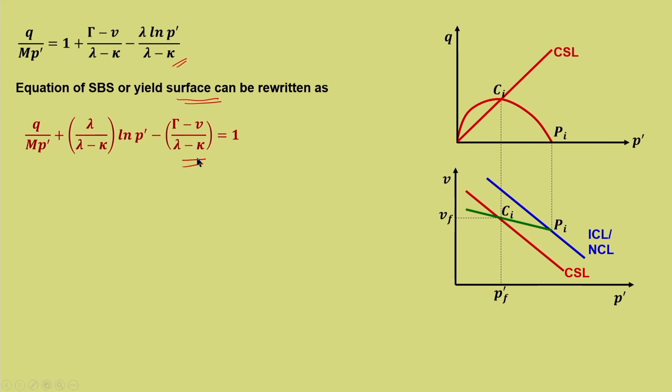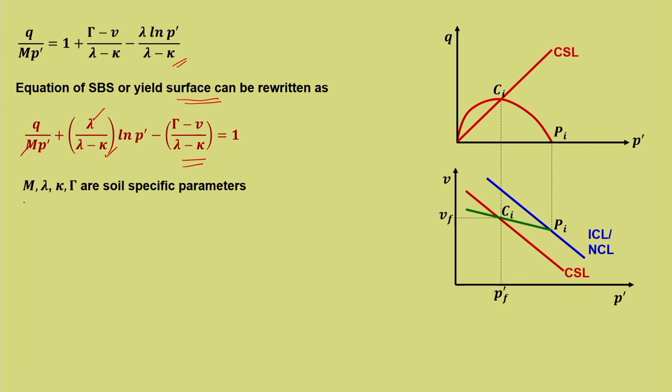So this is the equation for the yield curve which is represented by Cam-Clay, original Cam-Clay model, and you can see that lambda, kappa, M, these are all the critical state fundamental parameters of soil. So what we have done, we have defined the yield curve in terms of fundamental soil parameters which is coming from the critical state framework.